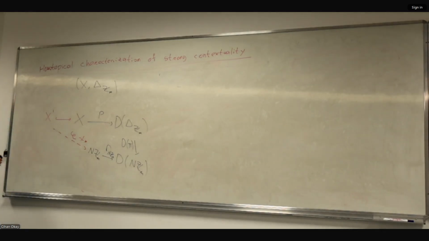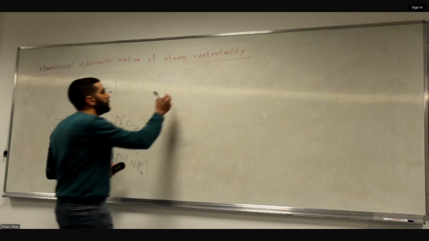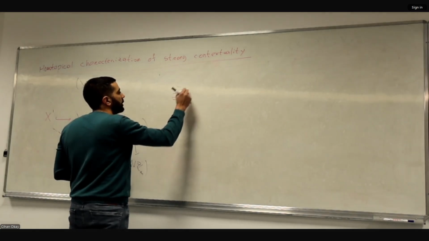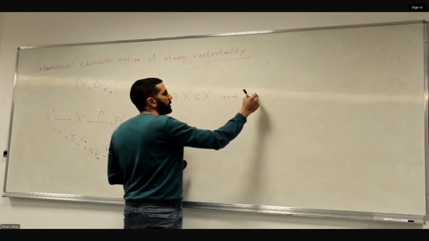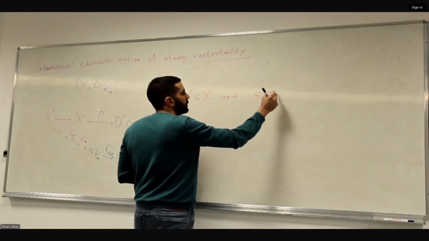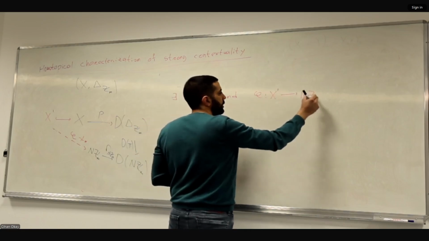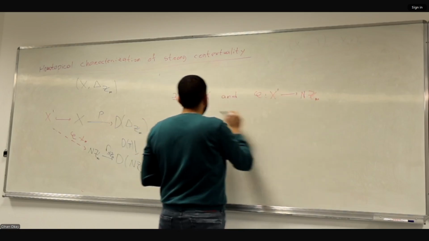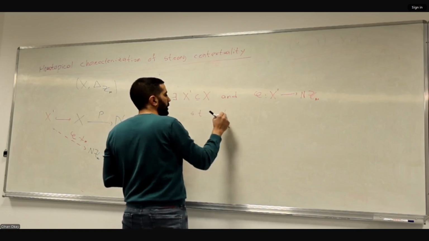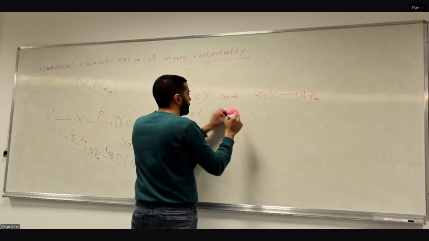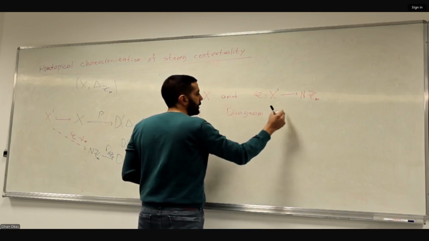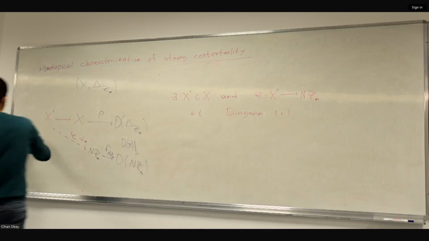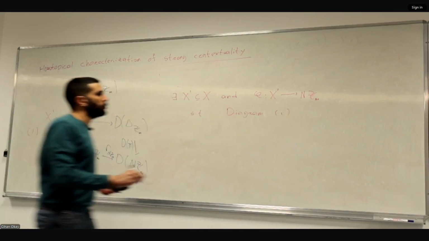I will write: if there is a subspace of X and phi from this to the nerve of M such that diagram 1 commutes.